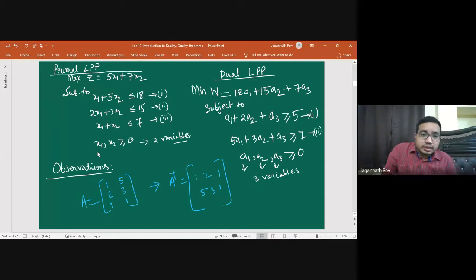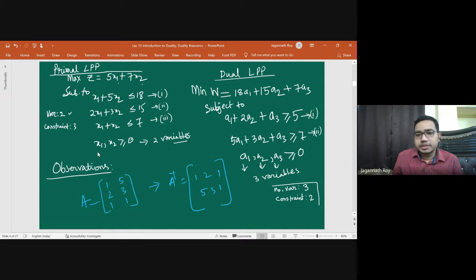The observation is that in the primal problem, the number of variables is 2, x1 and x2, and the number of constraints is 3. In the dual problem, the number of variables is 3, a1, a2, a3, and the number of constraints is 2.